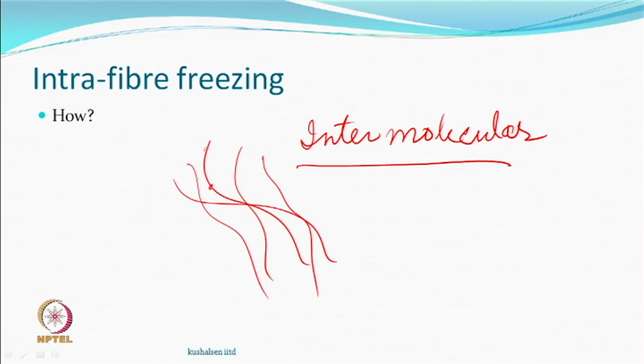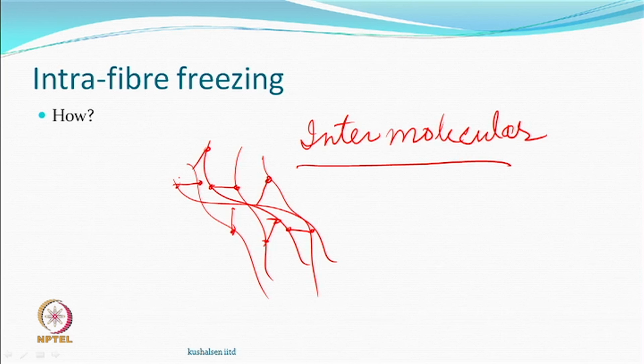So, if I put a chemical cross-linking by a covalent bond, another molecule which goes and reacts like this and makes bonds of this type with the functional groups that are there.